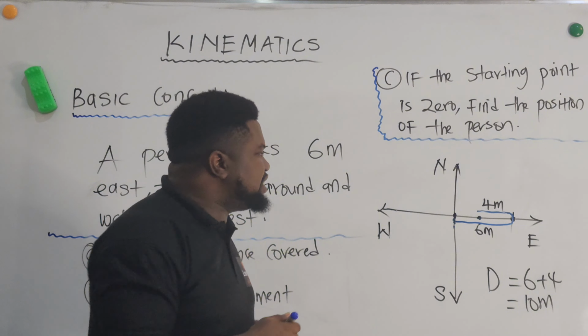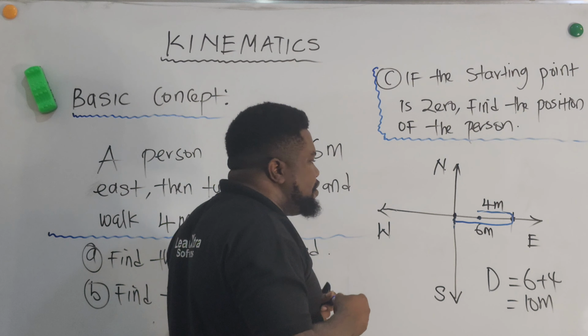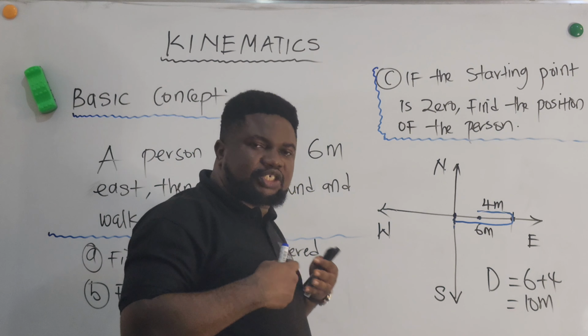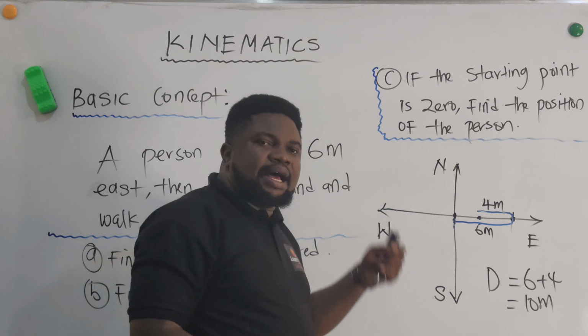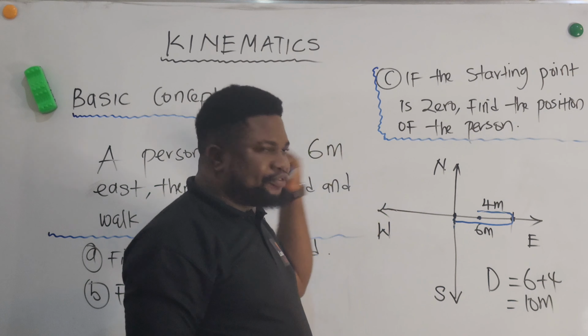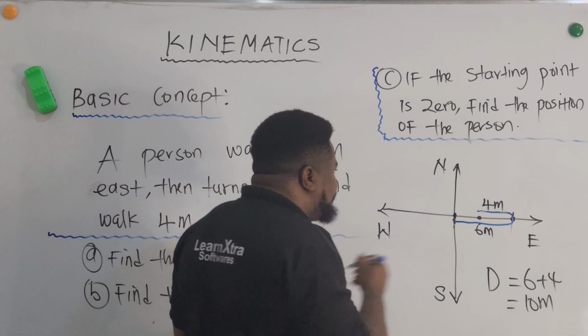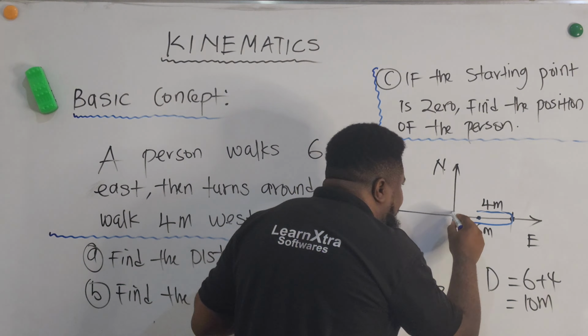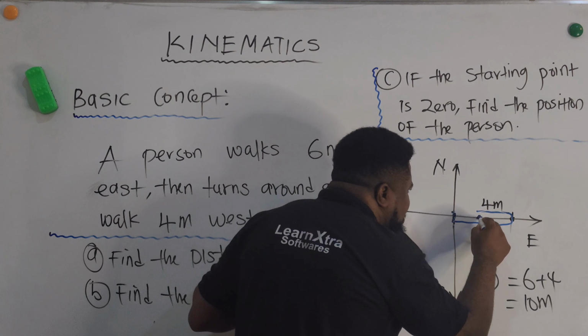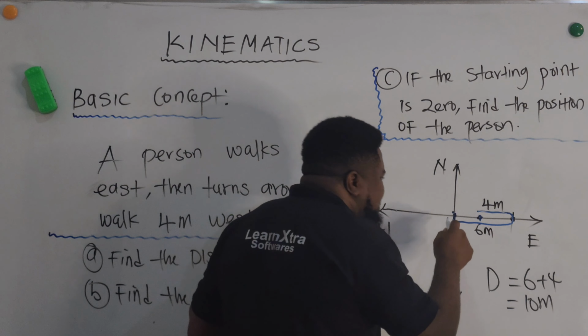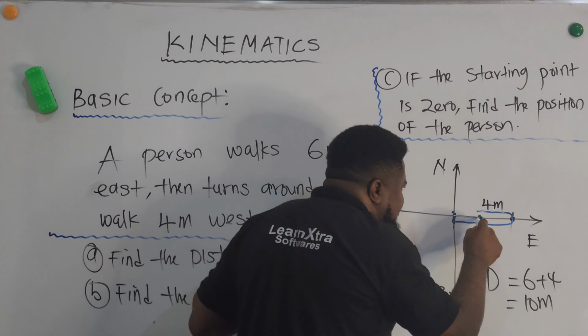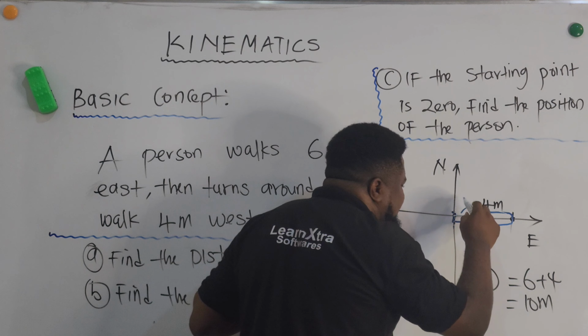Displacement is the shortest length from where he is currently and where he started from. So we are going to find the length from this point to this point, the distance between these two places. That is our displacement.